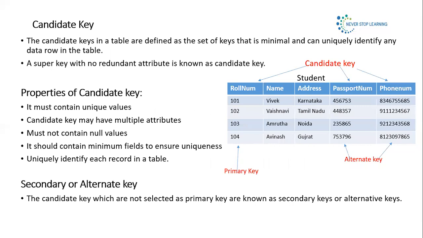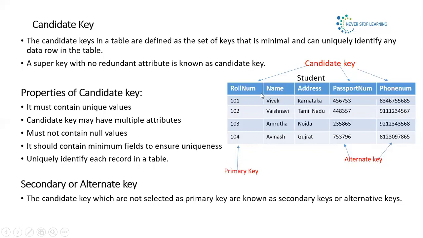Next, we have candidate key. The candidate keys in a table are defined as the set of keys that is minimal and can uniquely identify any data row in a table. Now, understand this. We can have more than one candidate key in a table. So here, as you can see, a super key with no redundant attribute is also known as a candidate key.